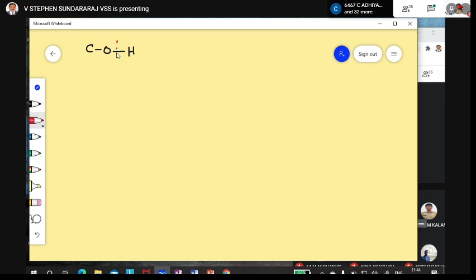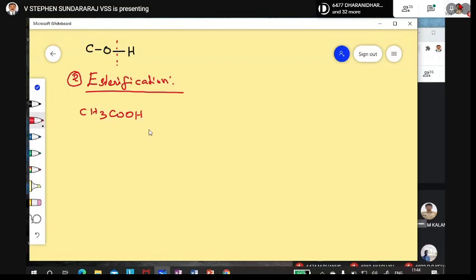The C-OH bond cleavage, reaction number 2, that is esterification. These are simple reactions. That is CH3COOH, and I am taking CH3CH2OH. And what will form?